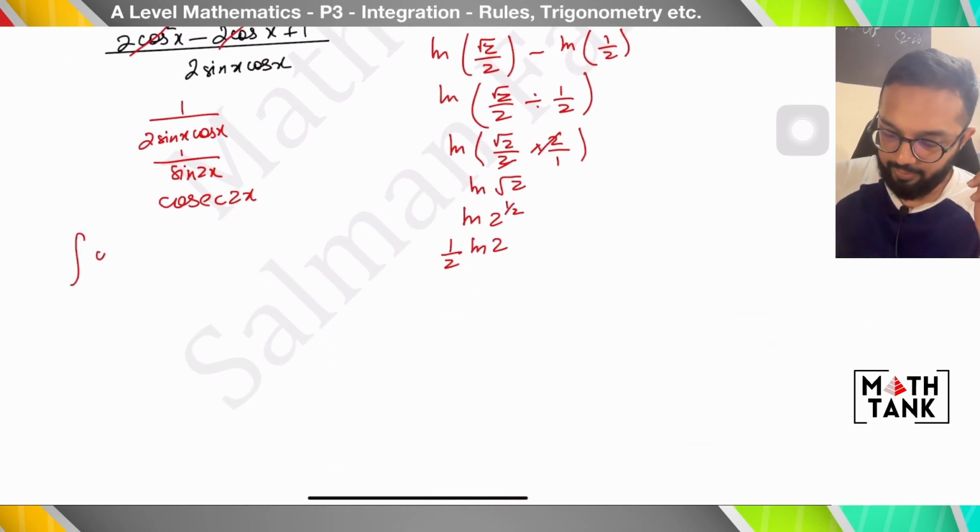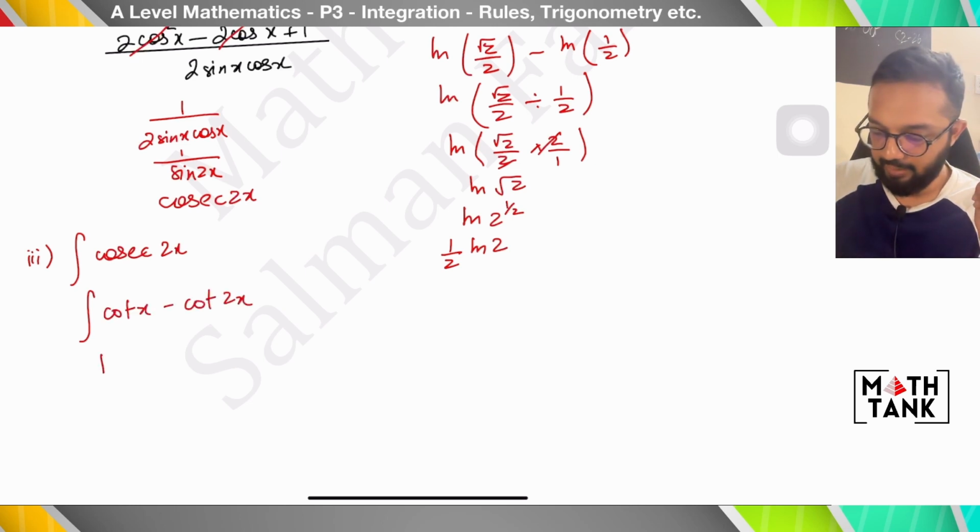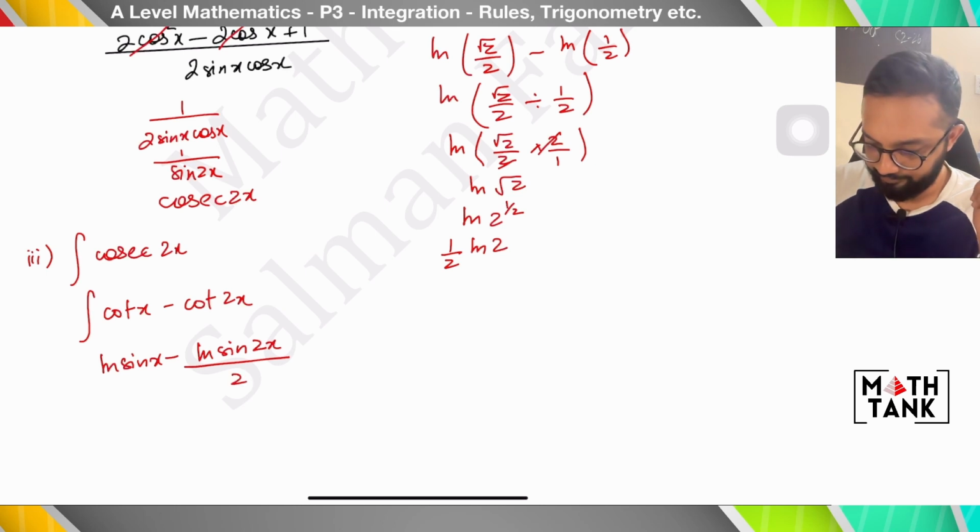absolutely sure. If I want to integrate cosec 2x in the third part, I'm going to write cot x minus cot 2x. This becomes ln sin x minus ln sin 2x over 2.